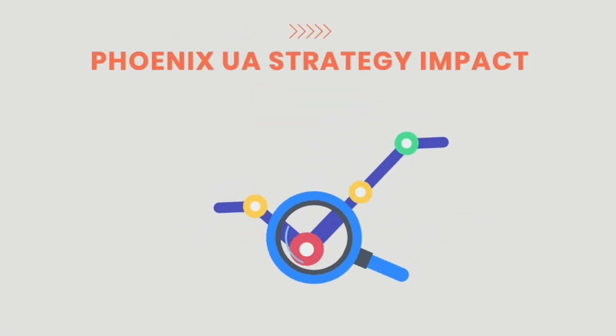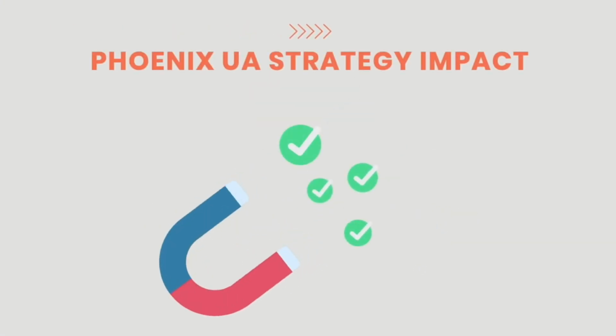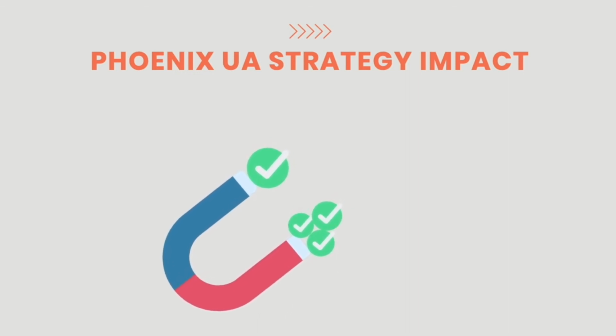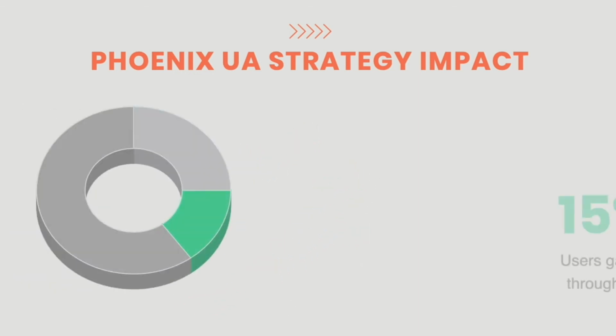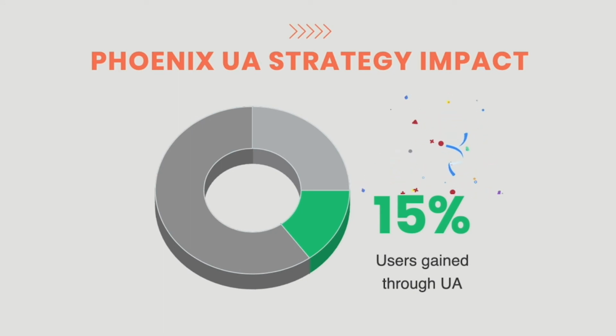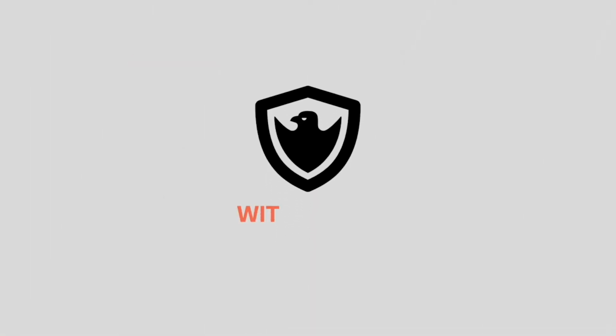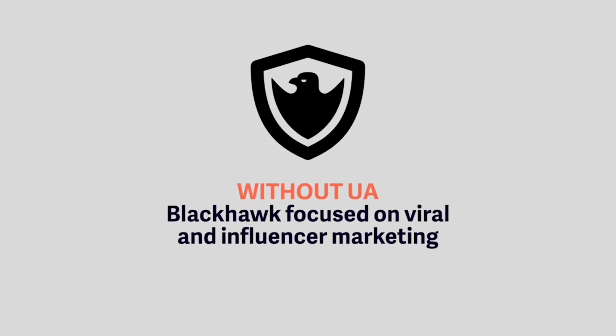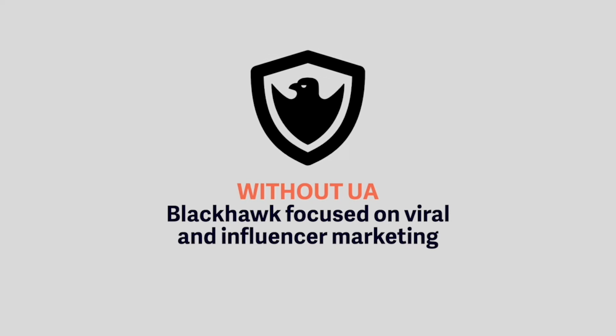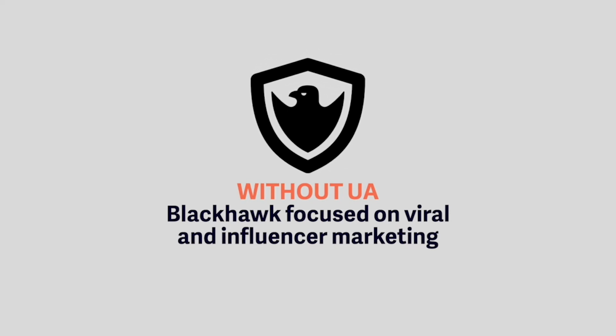From years 3 to 5, the marketing team optimized the marketing strategy and increased total UA acquired users upwards of 15 to 20%. The Blackhawk marketing team, in comparison, focused solely on viral and influencer marketing activities with almost zero UA during the 5-year period.